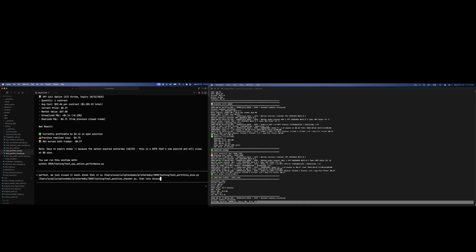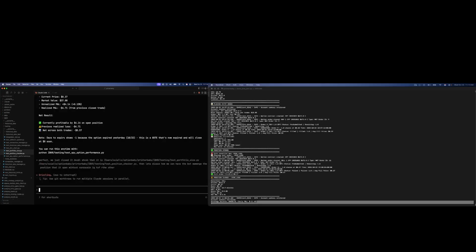Then let's discuss how we can have the bot manage the positions that it opened without confusing it for the others. Also, the bot is supposed to be, I'm going to get to that, the whole market and limit orders thing. So, question here is, should I continue?